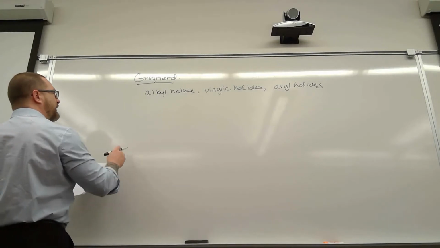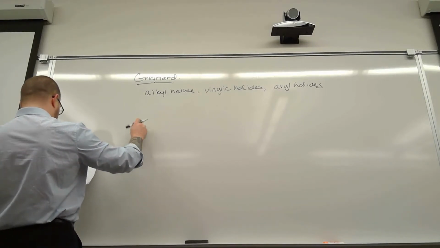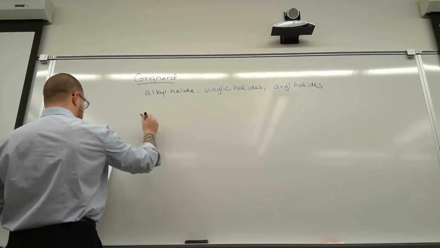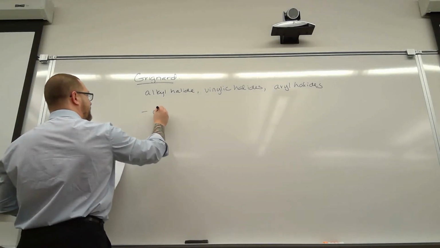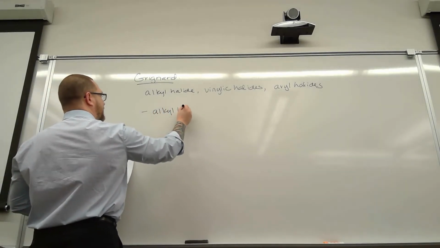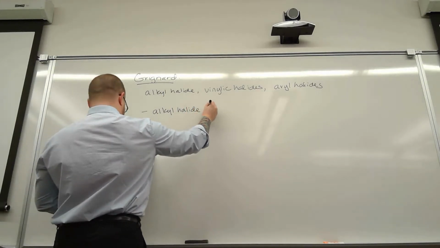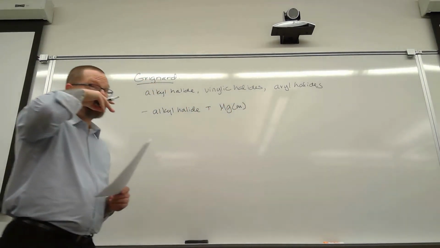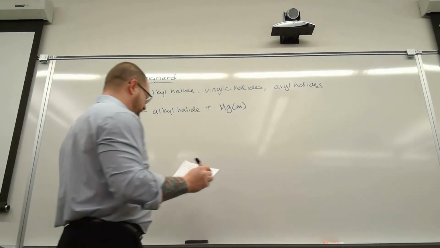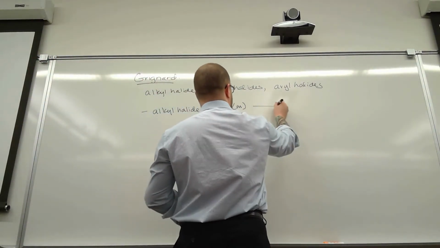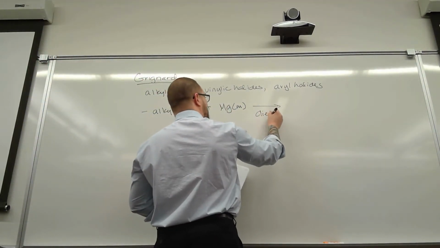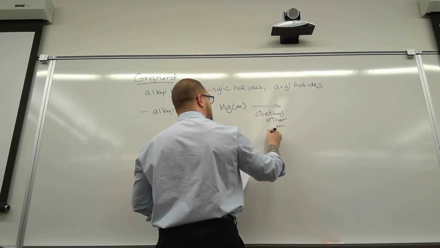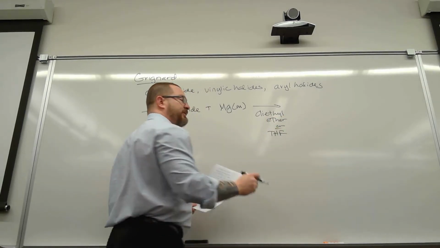Well, I'm jumping ahead of organolithiums, but we can do that. So what you do is combine an alkyl halide, in this case, plus metallic magnesium, finely shaped magnesium flakes, and then you use diethyl ether or THF as a solvent.